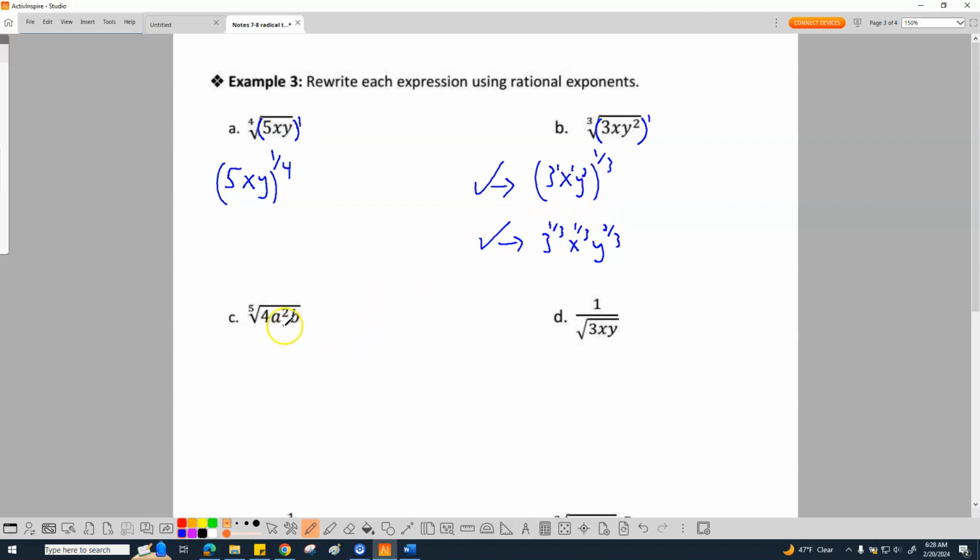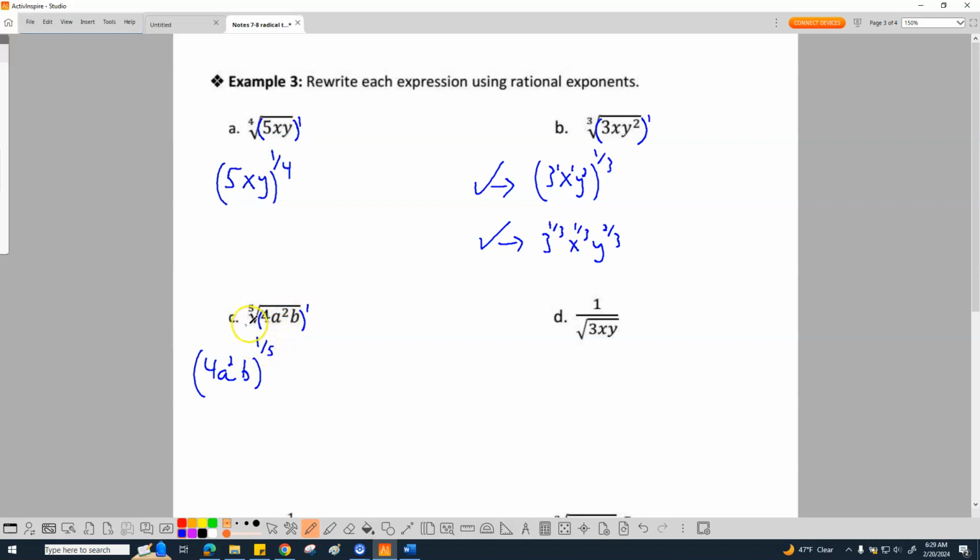So now let's go ahead and start on C. I'm going to go ahead and write that in there. This is how I do it. This is how I conceptualize it. So now I'm going to write my 4a squared b raised to the power of 1/5. There's my 1 that I'm putting there, and there's my 1/5.